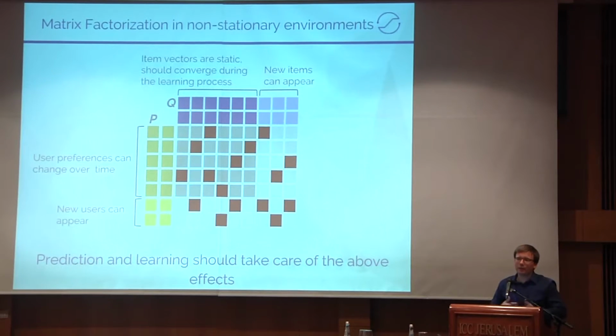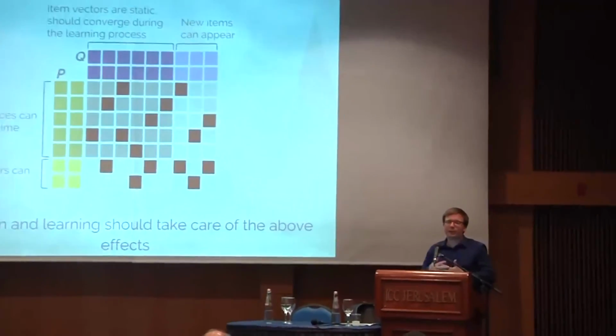And there's a third effect: the preference of the users can change over time. So think about music listening. Depending on your mood, you listen to different music, and services like Spotify should recommend music to you based on your actual mood. So this is one effect that we should tackle during the learning process of a matrix factorization model. Third, I have a statement that you are going to see is consistent with our experiments: you are not going to be able to see anything similar in case of the item vectors.